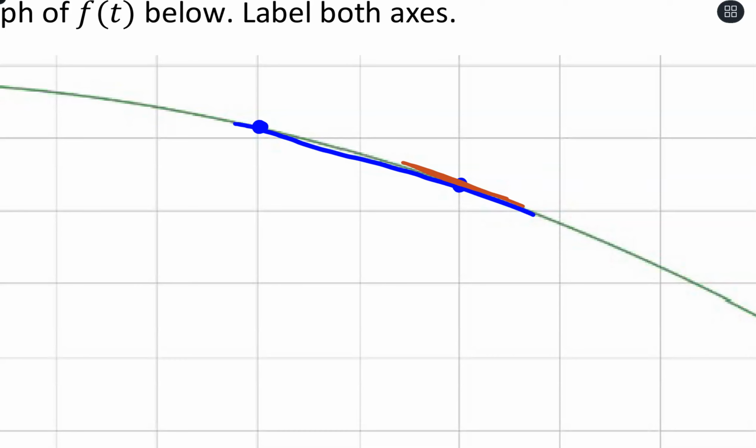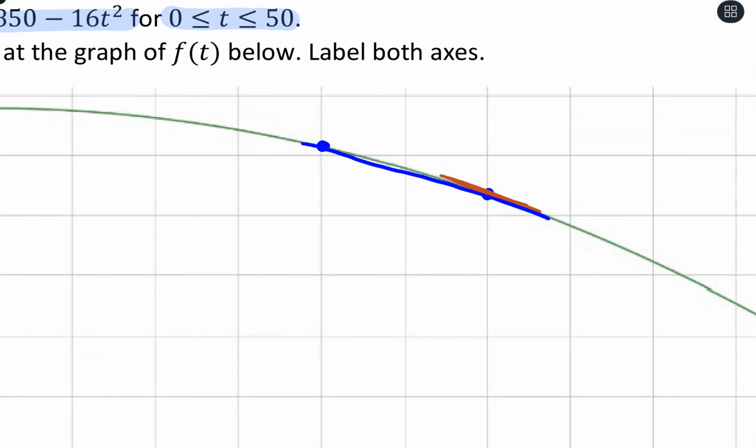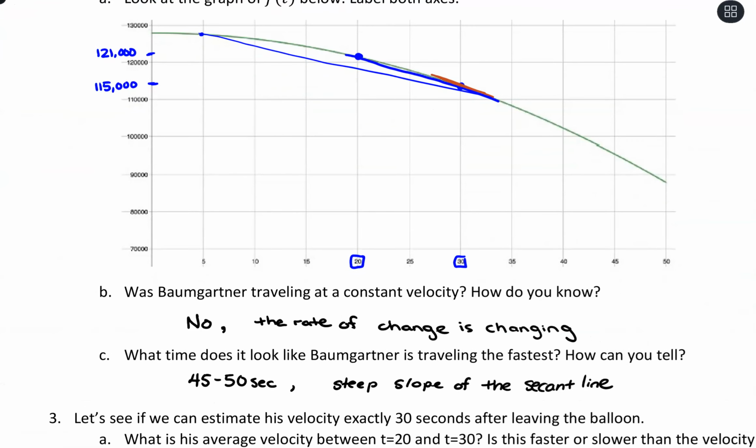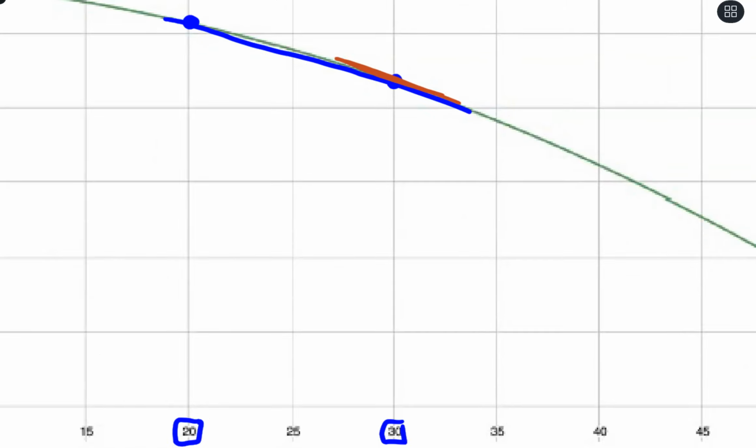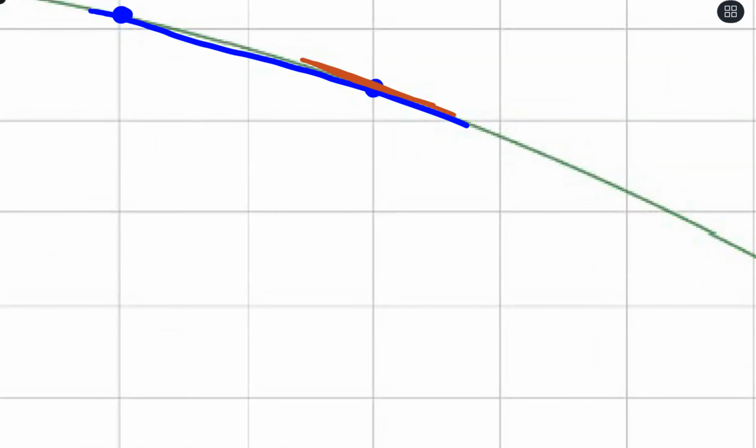It might be hard to see here, and maybe it would help to go out even further to see that it's not as steep a change as we go away from the point in this left-hand direction. Like we talked about before, the steepest changes are occurring further to the right, like out at 45 and 50 seconds. So this rate of change of negative 600 should be slower than what we're going to see at exactly 30.